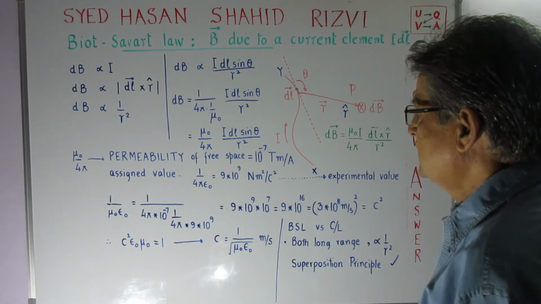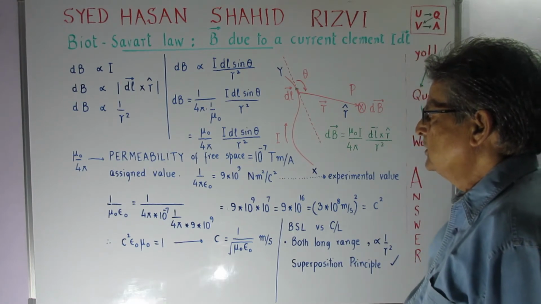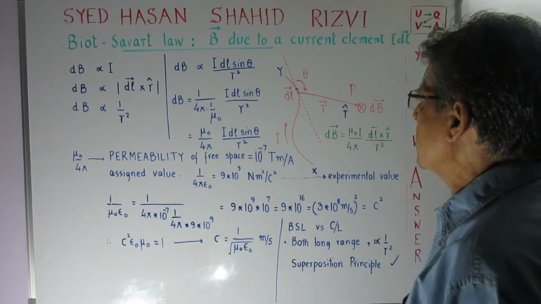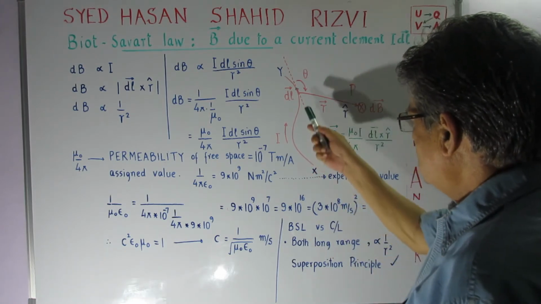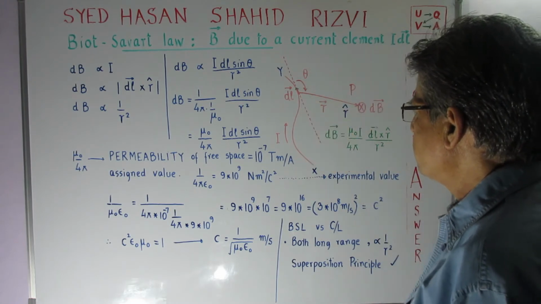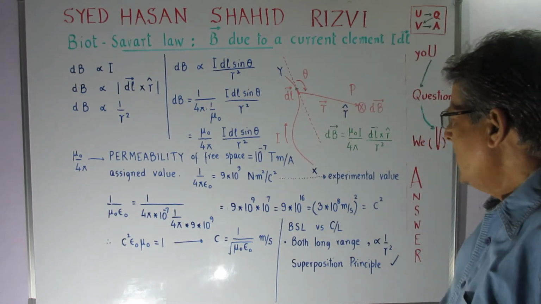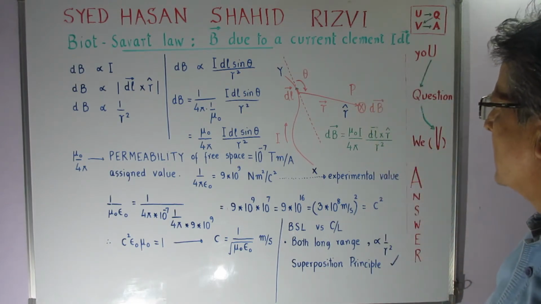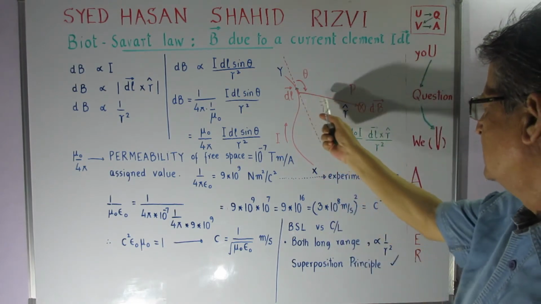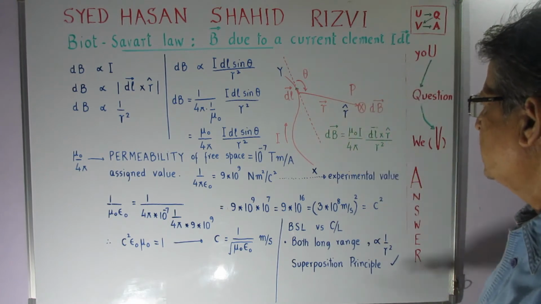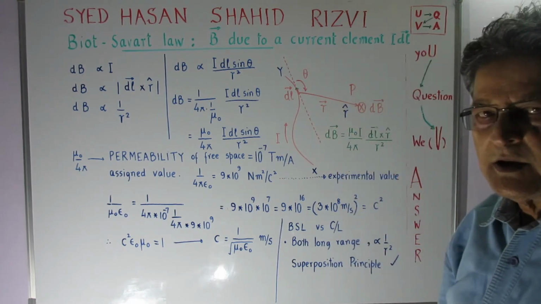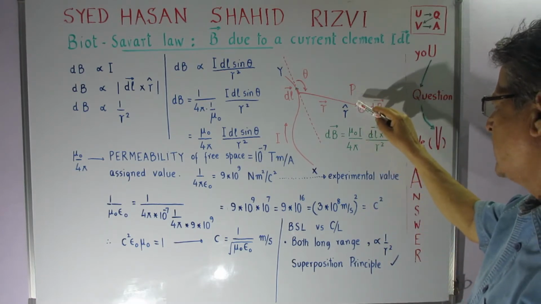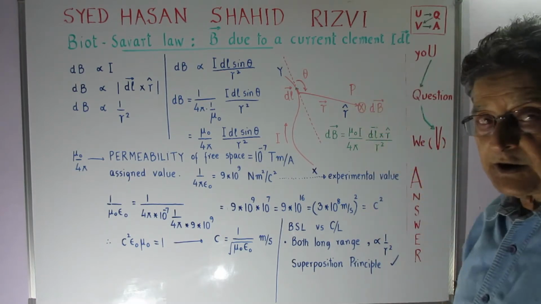It is just charge per unit time, and charge and time are both scalars. So there is the DL element, and I have just taken a point P over here, okay, at a separation which is given by vector R. I am showing the vector R cap in the same direction.